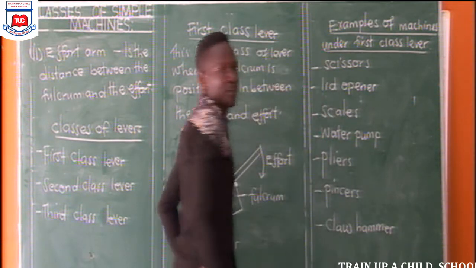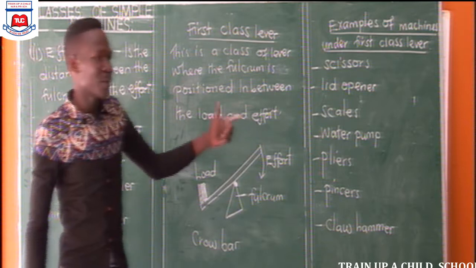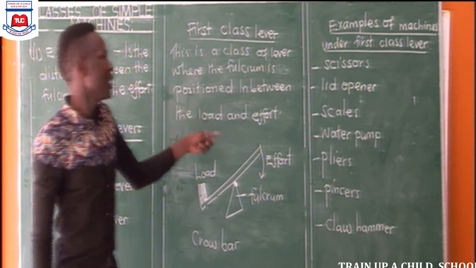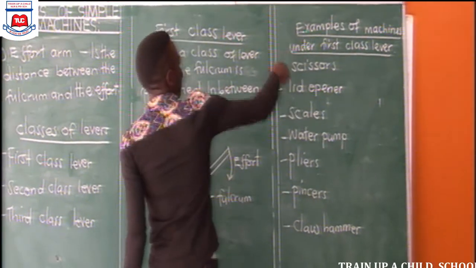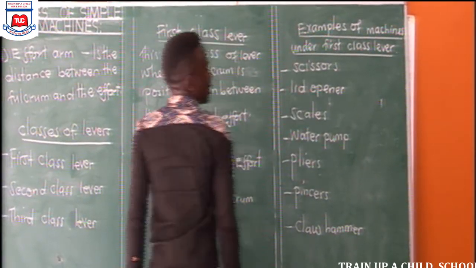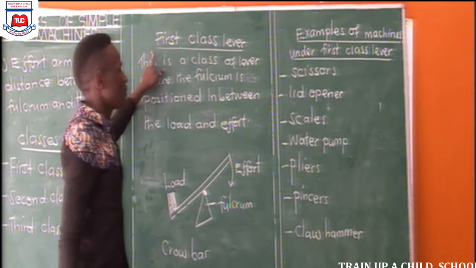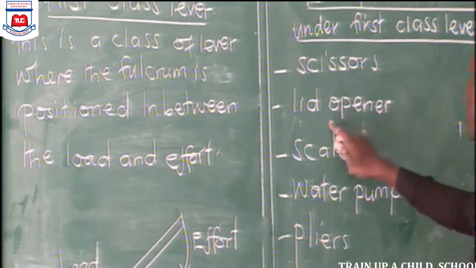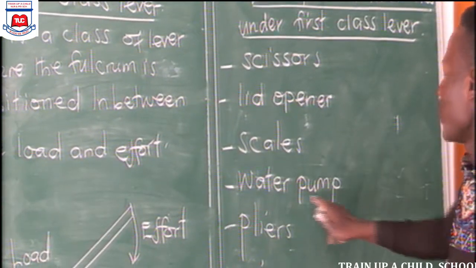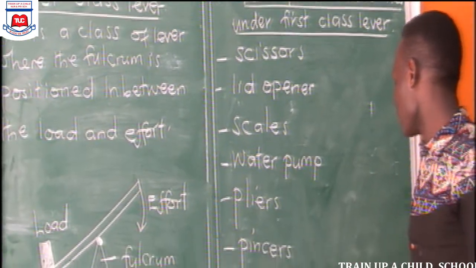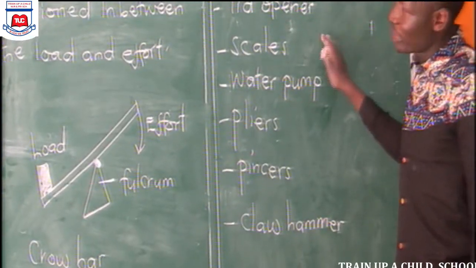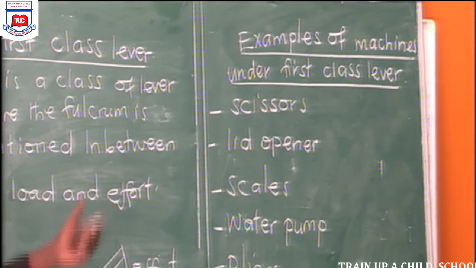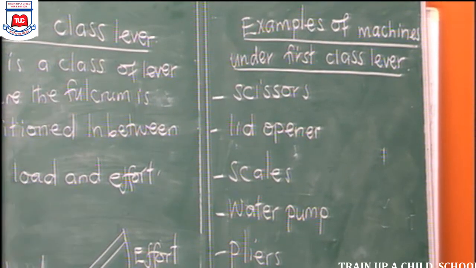So basically, these are examples of simple machines that are found in this class of levers. They are not classes of simple machines. Those are the simple machines which we can find in that class of lever.